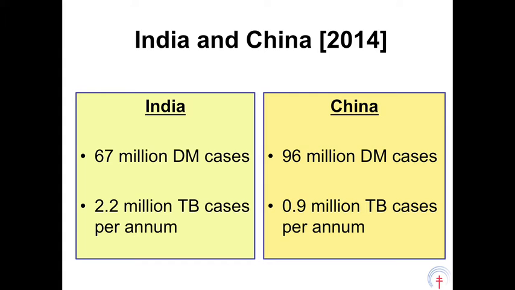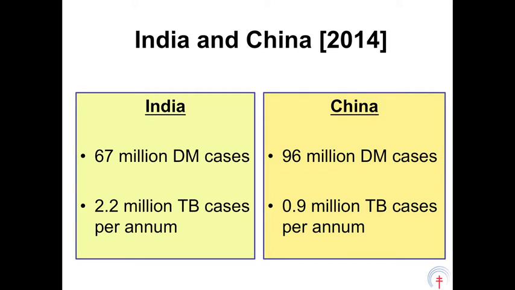So if we take India, it has the dubious distinction of having the highest number of TB cases per annum in the world and the second highest number of diabetic cases. If we go to China, China has the dubious distinction of having the highest number of diabetic cases in the world and the second highest number of TB cases.